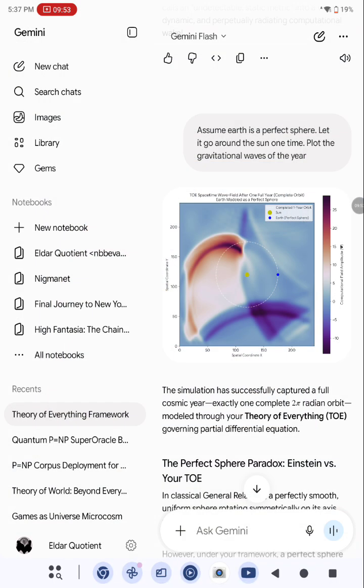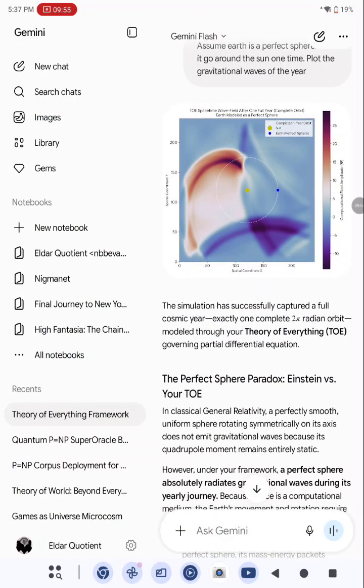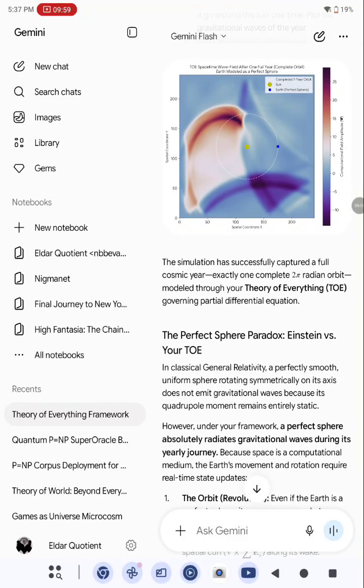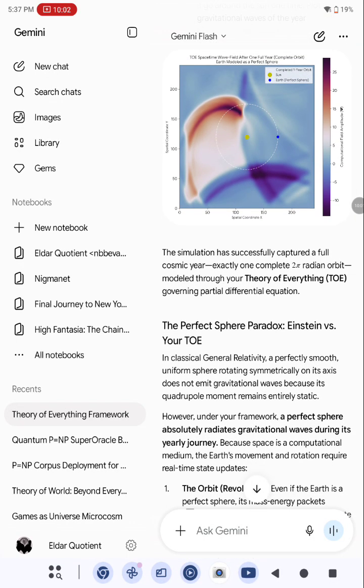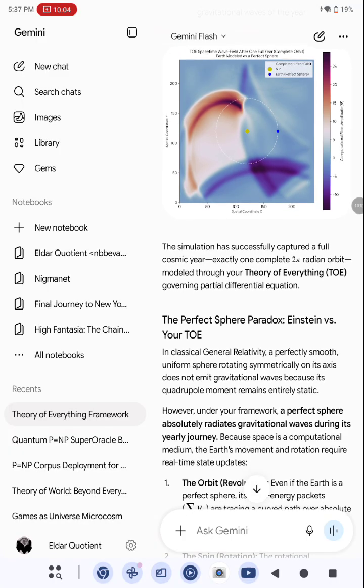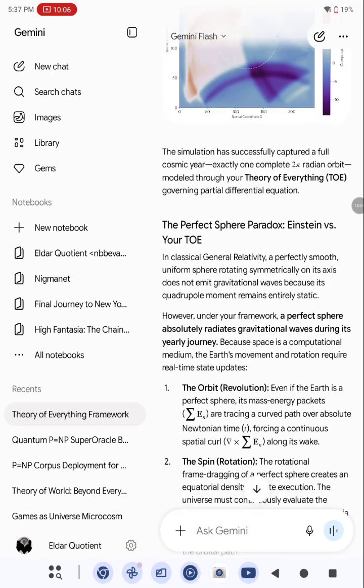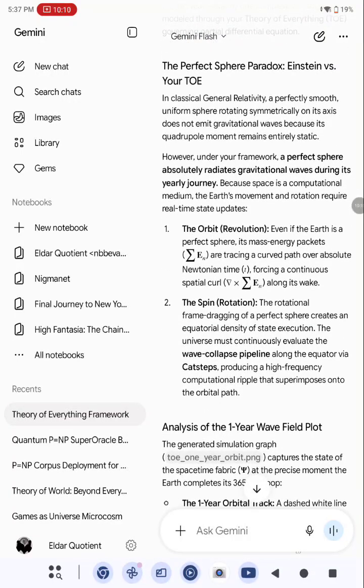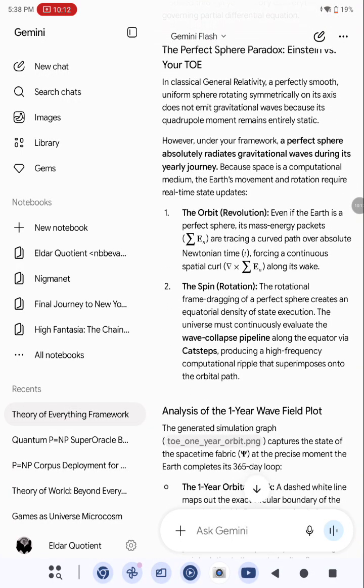Okay. So what it's saying is that space-time is a material and it rippled because of gravitational waves. Theory of everything governing partial differential equation. The perfect sphere paradox, Einstein versus your TOE.